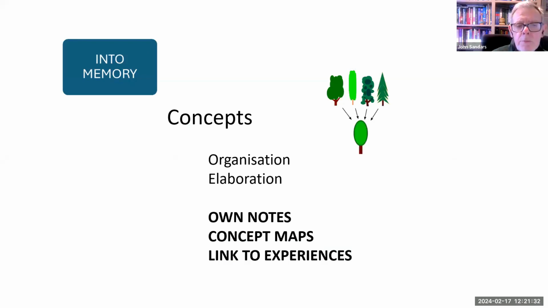And getting it into the brain requires conceptual understanding. So conceptual understanding isn't remembering each of those different trees at the top, because they're isolated. The conceptual understanding is the fact that a tree has a green top, essentially, and a brown stem.